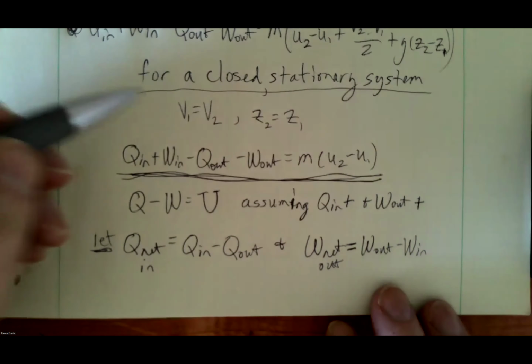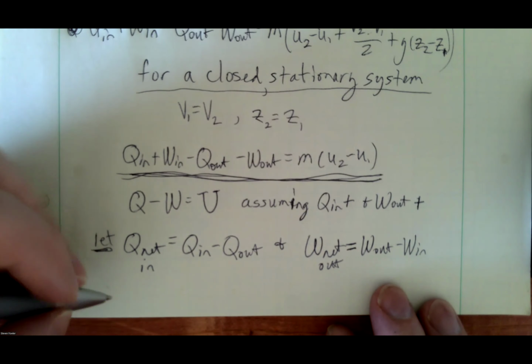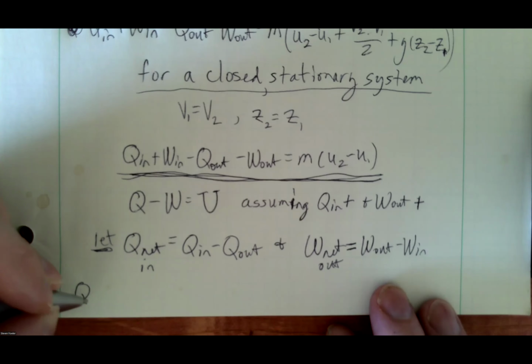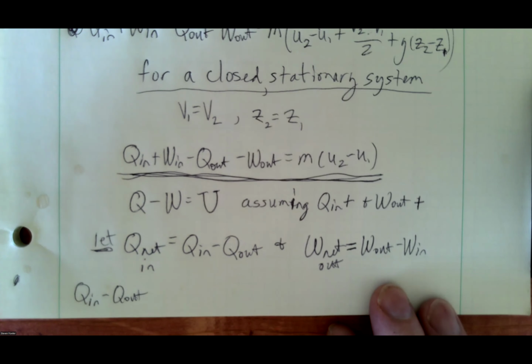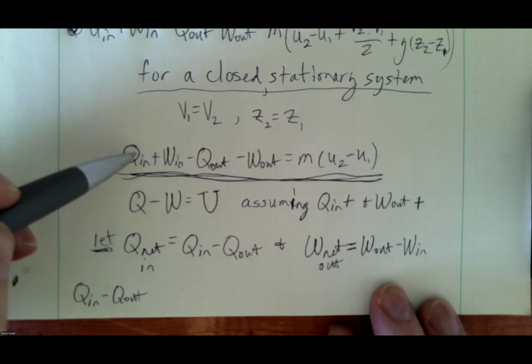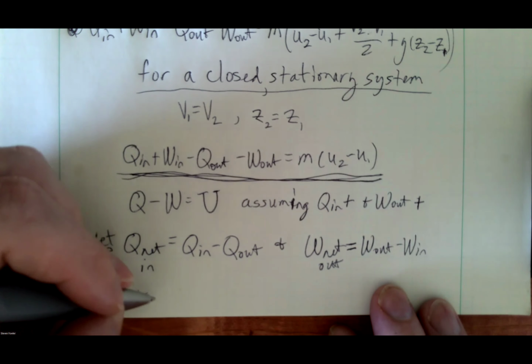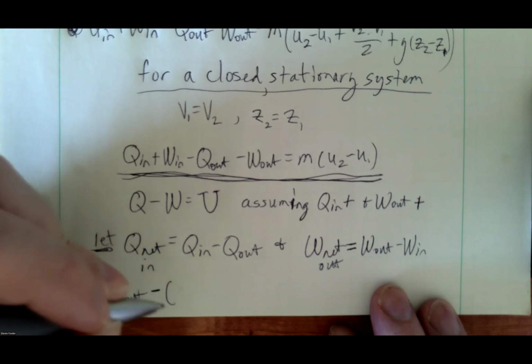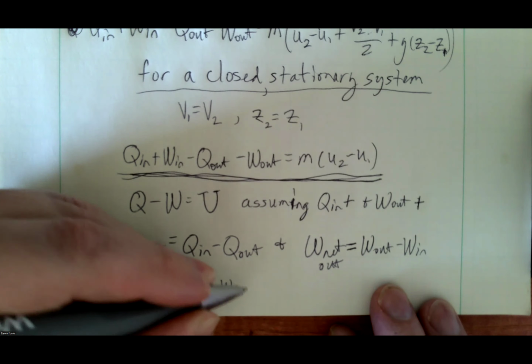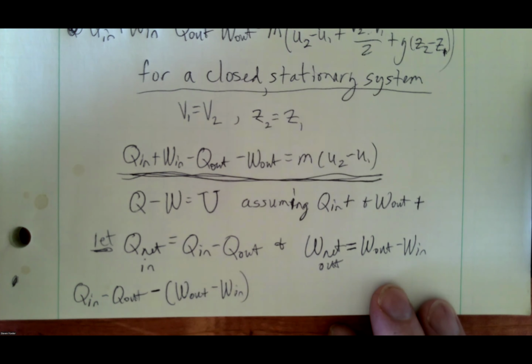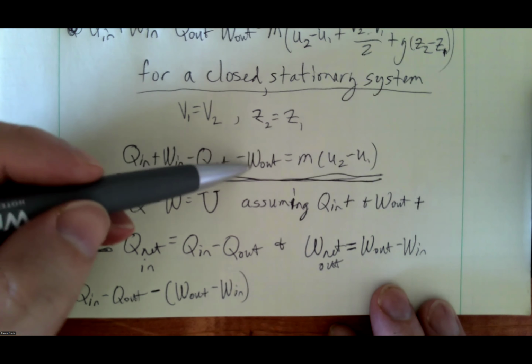Now, if I do that and I take this form of the first law and I massage the equation a little bit mathematically, I can say, well, Q in minus Q out, I've taken Q in minus Q out, and I'm going to subtract from it a quantity of work out minus work in. Notice what I've done here. I've taken this negative sign off of work out.